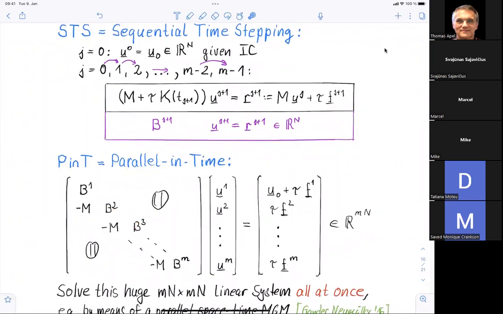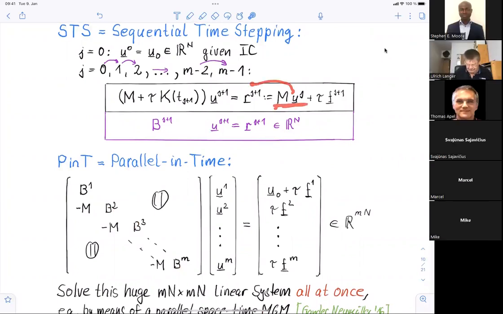Then you have this on the diagonal, and on the subdiagonal, if you bring this to the other side, minus M. Of course, as usual, you start with U0 given, then define U1 by solving the system P1 U1 with this right-hand side, in a time-stepping approach, but this is not good.